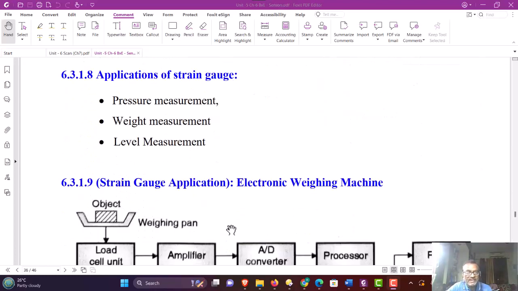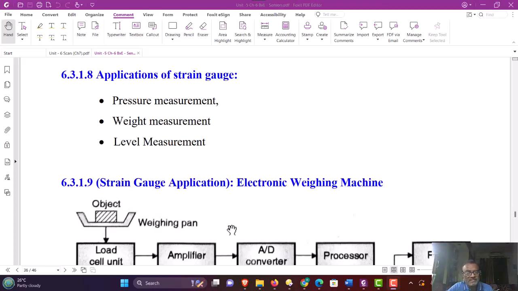Application of the strain gauges. Strain gauges are normally employed for measurement of pressure, measurement of weight, and measurement of level. We have seen a very common application of weight measurement, the electronic weighing system, at various places and at various shops.